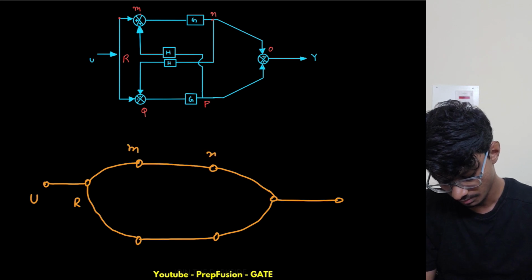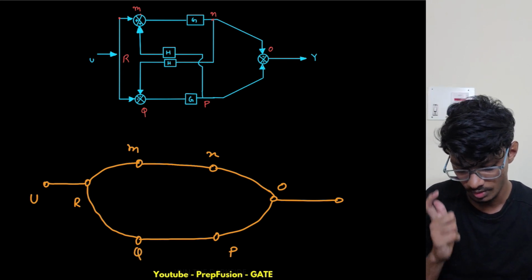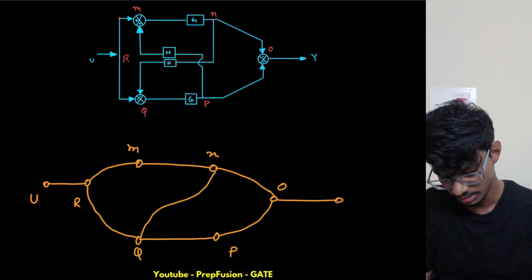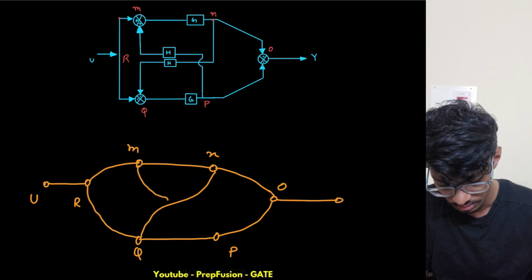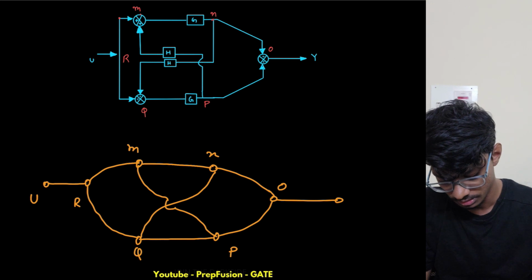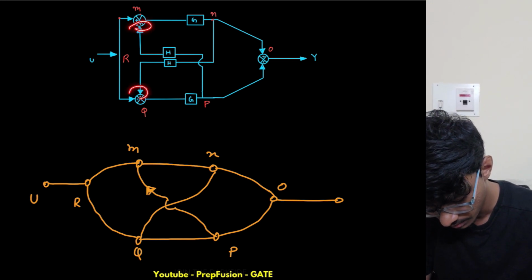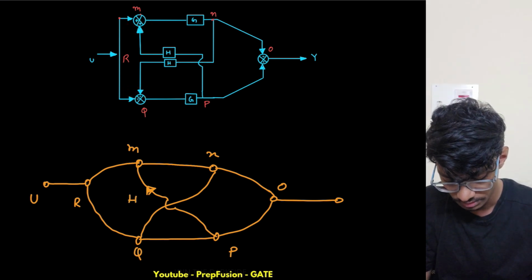So r u m n o p q, and in between we have connections. Between q and n we have a connection, so we can draw it like this, and between m and p we also have a connection, so we can draw like this. We have a plus sign over here. We don't need to write minus h, we only write h.